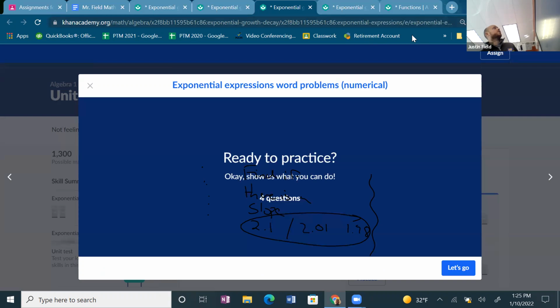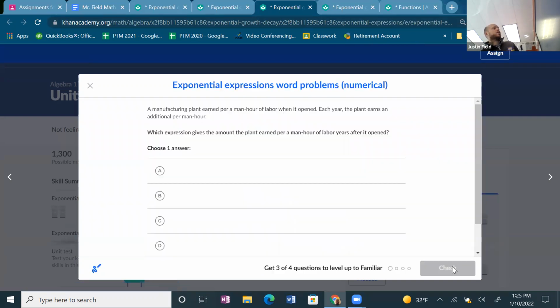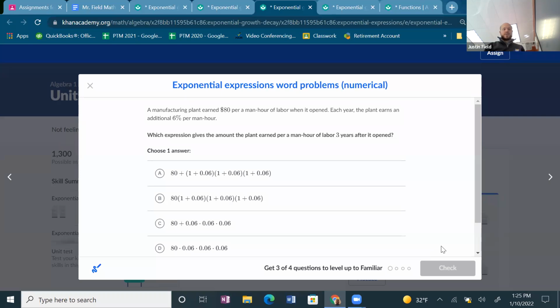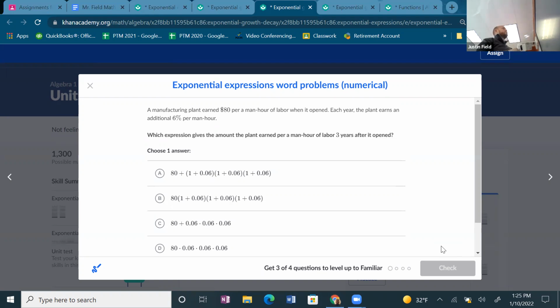Let's move on to the next one. Word problem. So now that we've talked about all this, we've done most of the basics. So the rest of it shouldn't be too bad. Oh, there's one more basic. The basic equation.